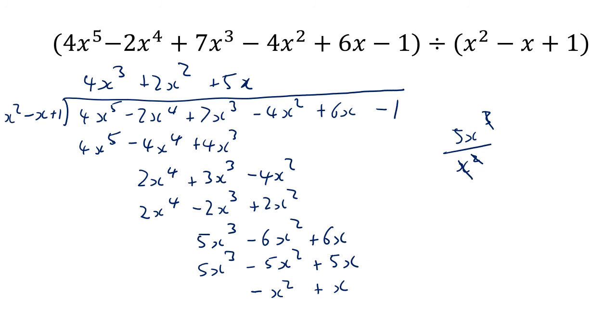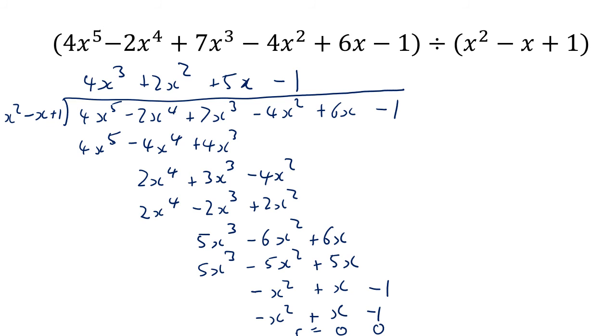Then we've got to get this guy to match with this guy, and you can see it's just a negative, so it's just minus 1. So you get minus x squared plus x minus 1, which looks familiar, because when you do the subtraction, you'll end up with a remainder. You'll end up with a 0 here and a 0 here. So the remainder equals 0, which means this is a factor of all of this. Okay, so that's doing it long division.